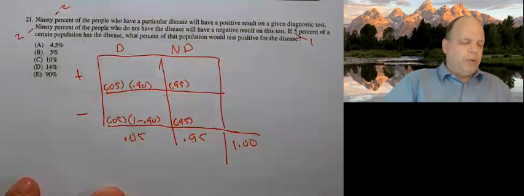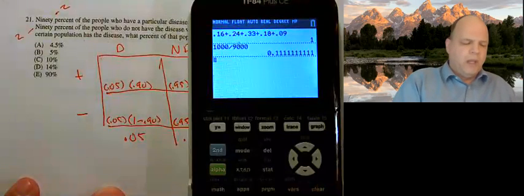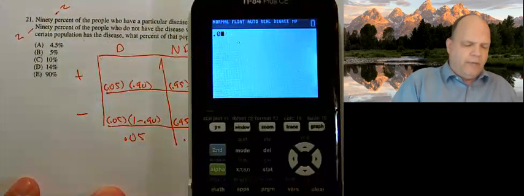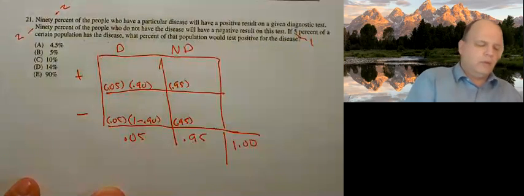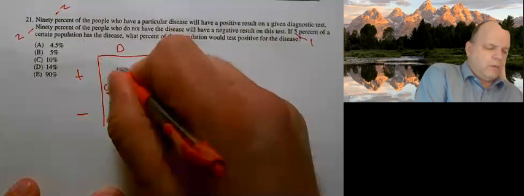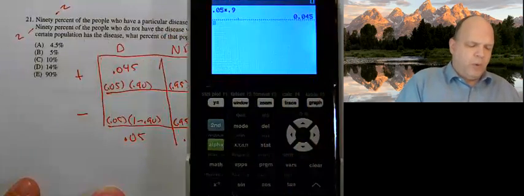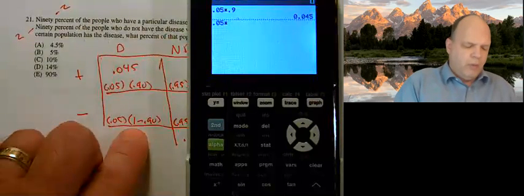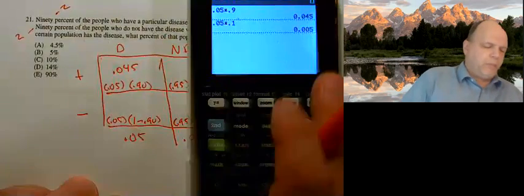Now I'm going to go ahead and multiply those values out because we can check them as we multiply them. So we're going to go 0.05 times 0.9, and I end up getting 0.045. And when I multiply this, I end up going 0.05 times 0.1, and I get 0.005.